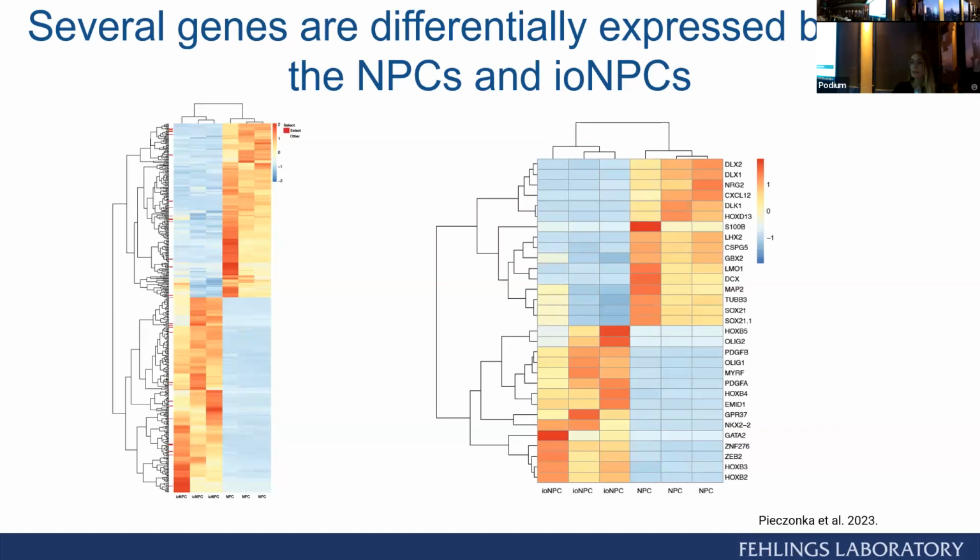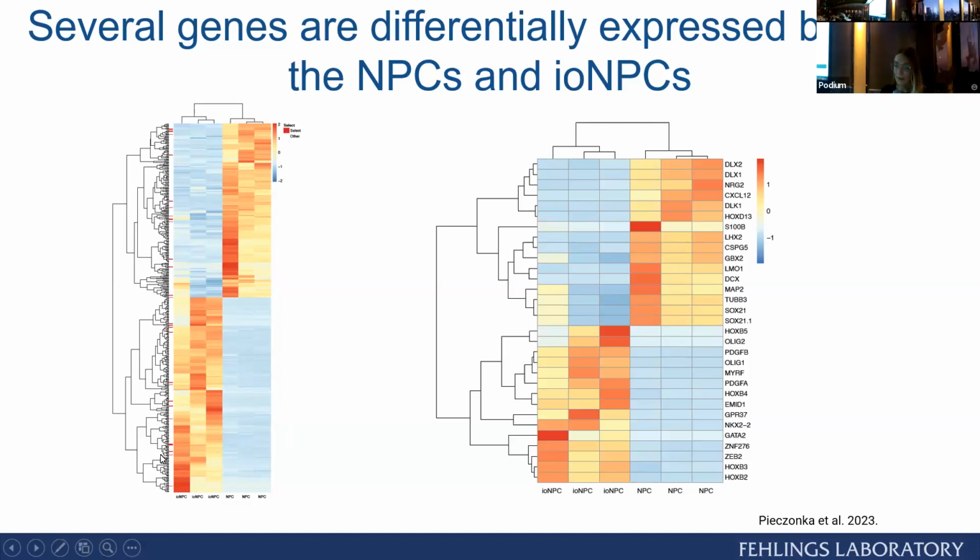Now we aim to assess the cells further using RNA sequencing. So we performed RNA sequencing on NPCs as well as the IONPCs, and this further corroborated our results from the past 2 studies. Over here, we have all the differentially expressed genes between the 2 cell types.